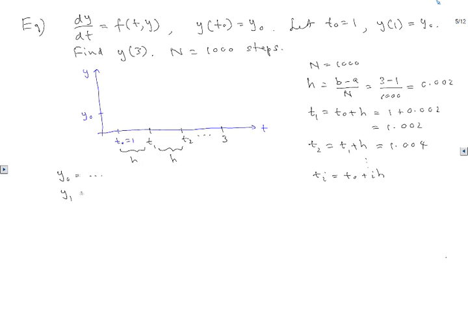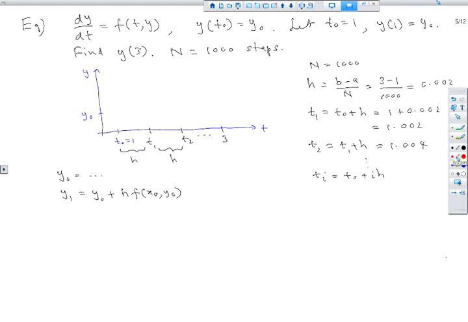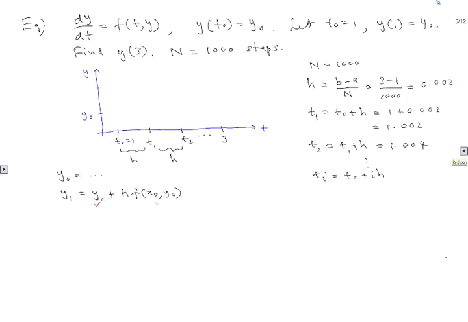So what is y1? y1 is y naught plus h times f(t naught, y naught). Now you know y naught, and you also know t naught, and we know the function, we know the h value, so we know everything. That means we simply know this value.